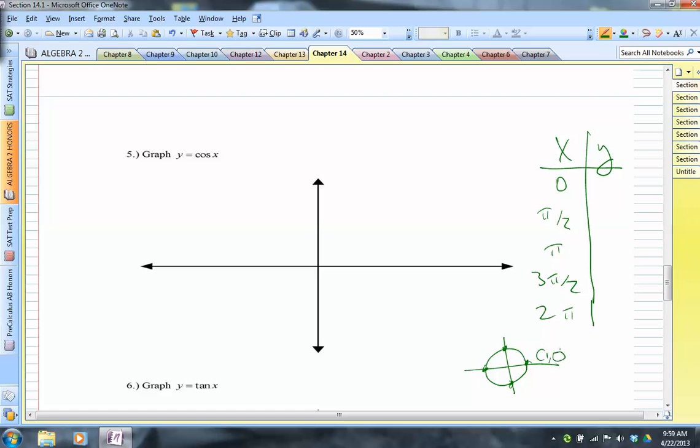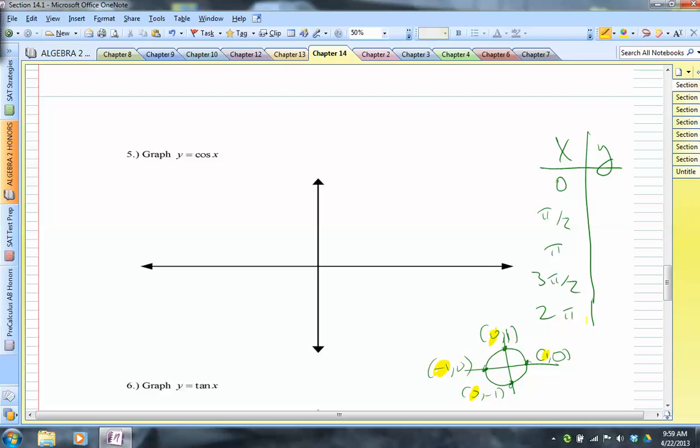So you have 1, 0, 0, 1, negative 1, 0, 0, negative 1. Oh, geez, I can't believe I just did that. That was dumb. We need to look at the x-coordinates because we're dealing with cosine. My apologies.